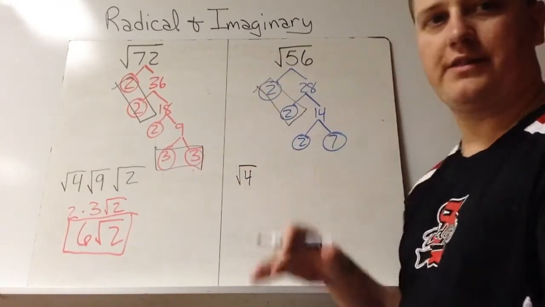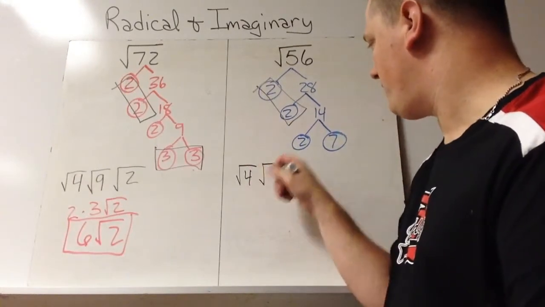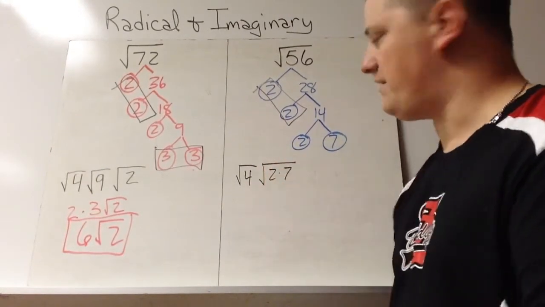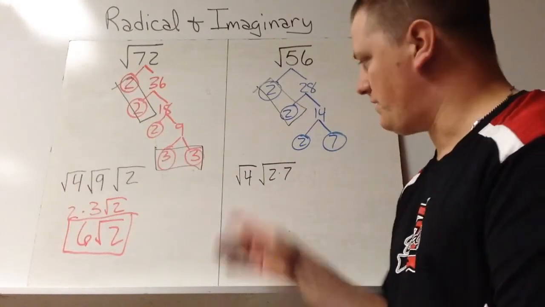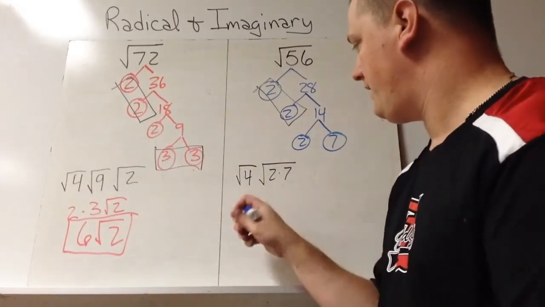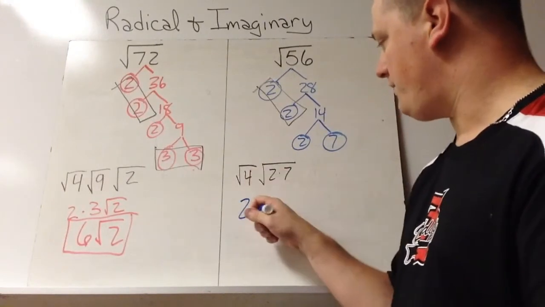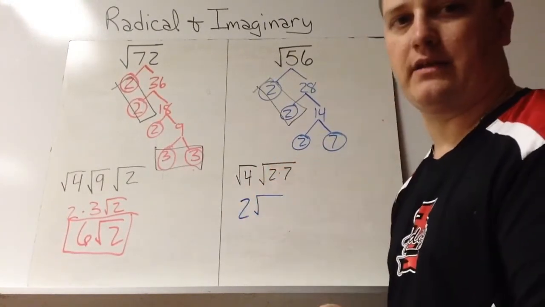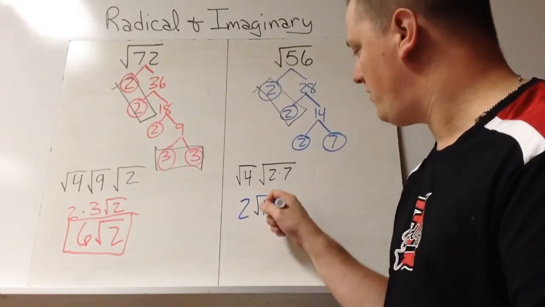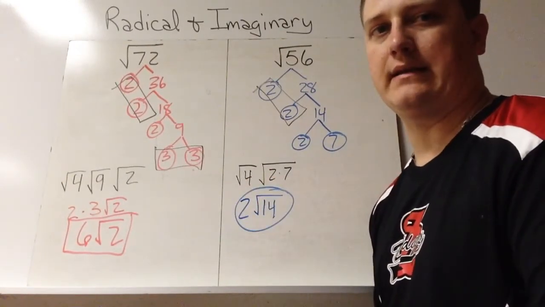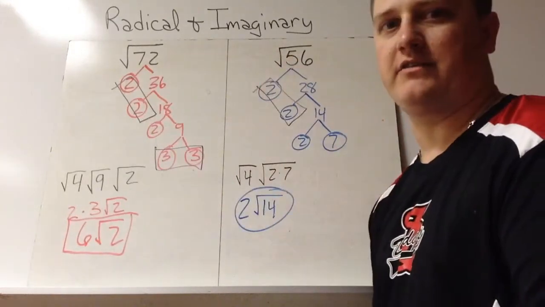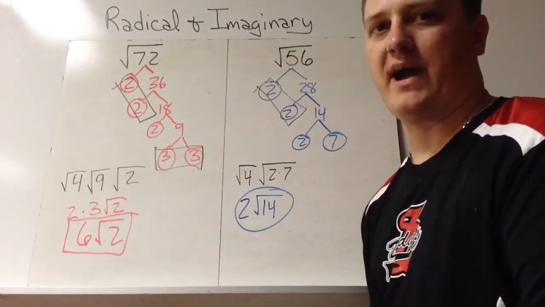And then there's nothing else that doubles up, so we're going to get square root of 2 times 7, and we're going to put both of those in the same one. And we can't square root this one. Square root of 4 is 2, and then we've got the square root. We multiply these together. 2 and 7 makes 14, so we've got 2 times the square root of 14 is the same as the square root of 56. This is simplifying our radicals.